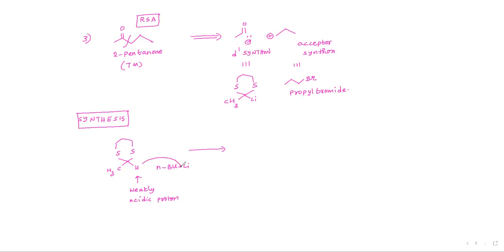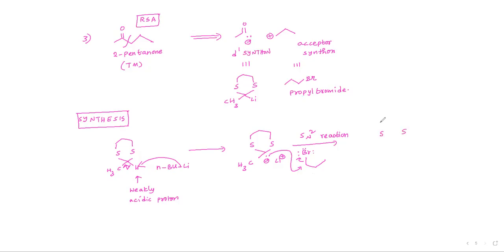Then we'll get an anion, a lithium salt, so C minus Li plus here. Now this is alkylated with propyl bromide, and this undergoes an SN2 reaction. It is simply an alkylation.